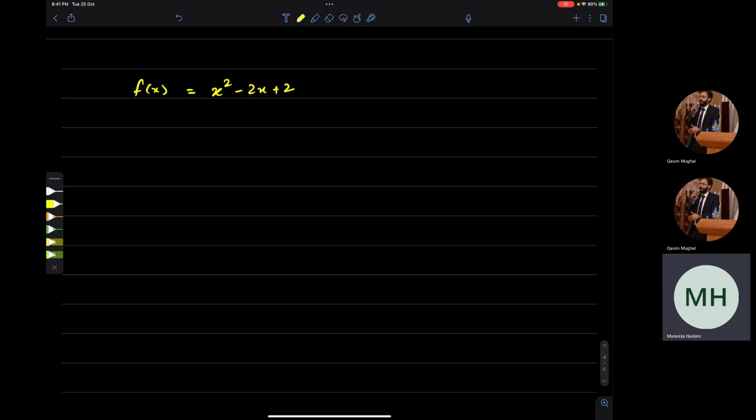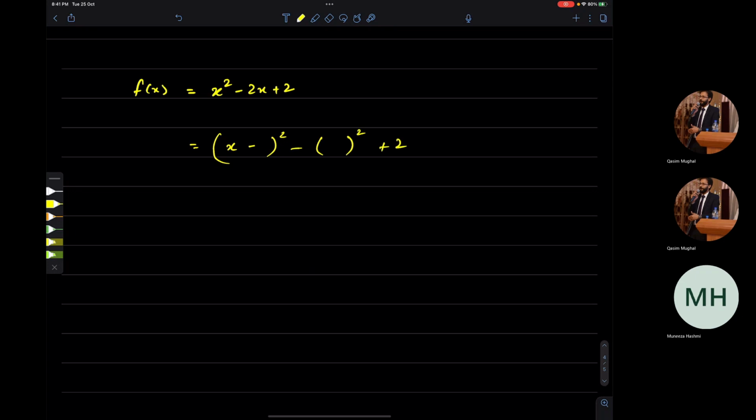If I apply the completing square method, I'm going to put half of the coefficient of x, that's going to be 1, and upon simplifying it, I'm going to get x minus 1 whole squared minus 1 squared is 1, plus 2, then x minus 1 whole squared plus 1. So that's what I've got.